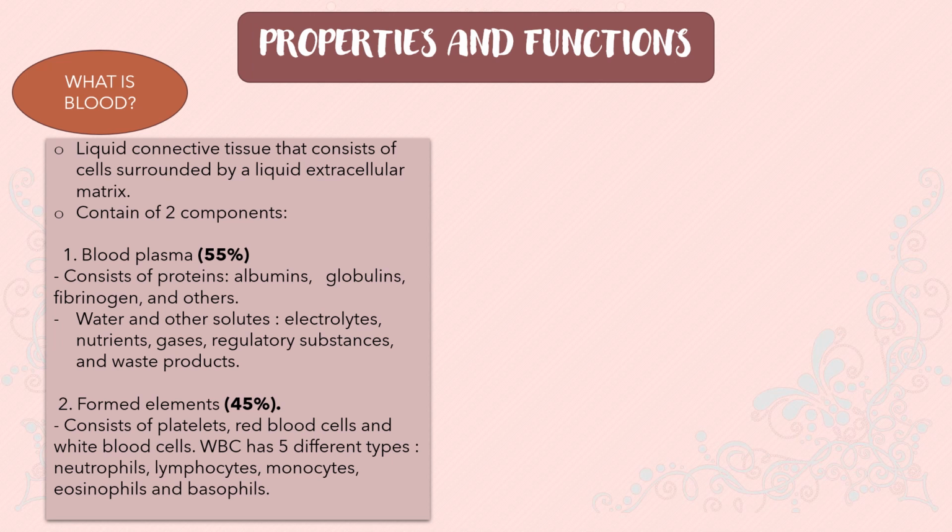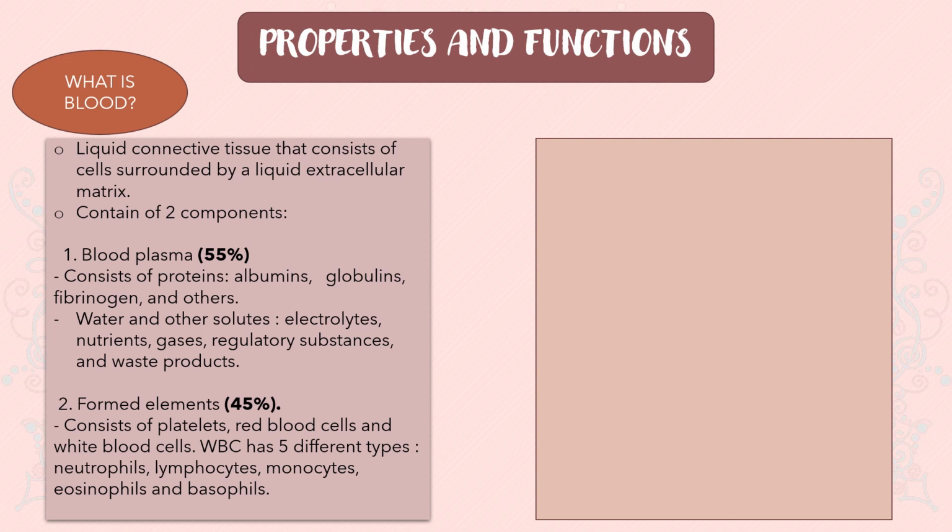As we know, white blood cells have 5 different types, which are neutrophils, lymphocytes, monocytes, eosinophils, and basophils. So as we know, neutrophils have the largest amount in our body, followed by lymphocytes, monocytes, eosinophils, and the last one is basophils.